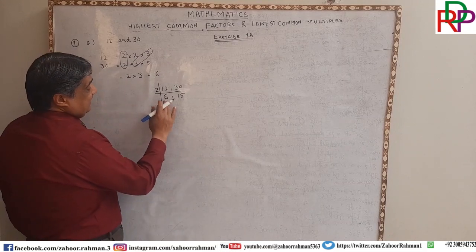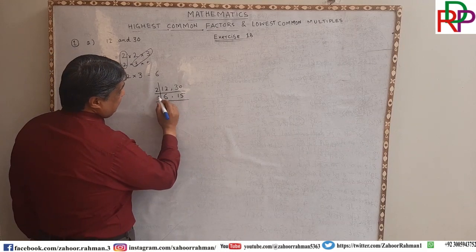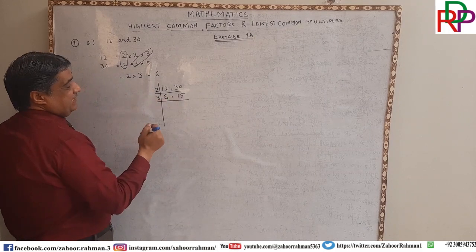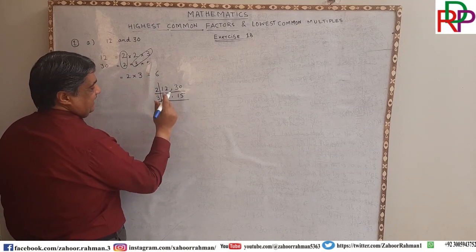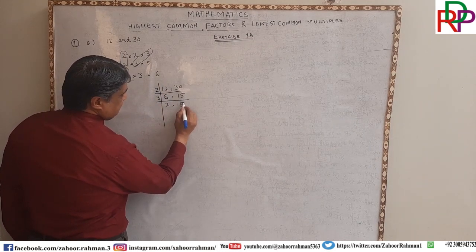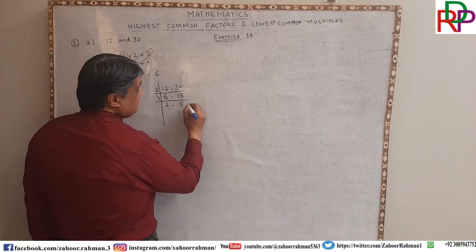There is a common factor, 3, which divides both 6 and 15. 3 twos are 6, 3 fives are 15.